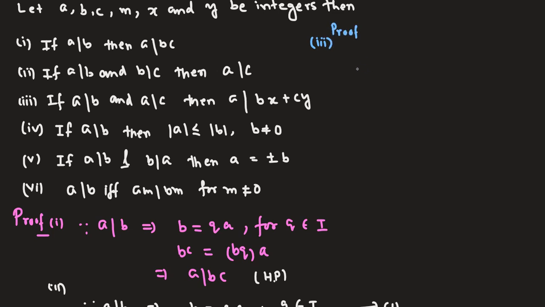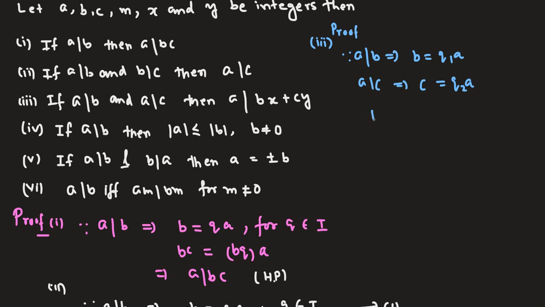Since A divides B, we can say B is equal to Q1 times A for some integer Q1, and A divides C, so we can write C is equal to Q2 times A for some integer Q2.